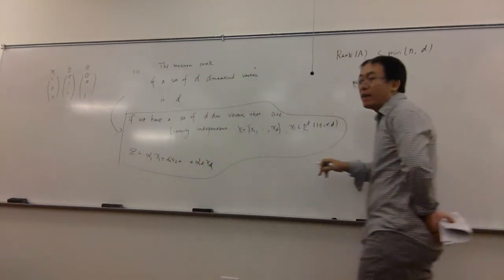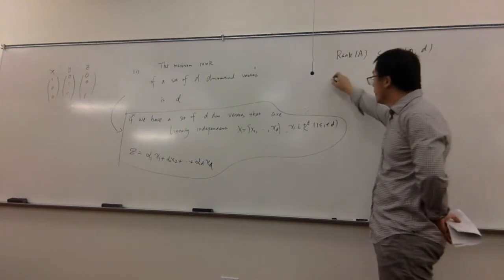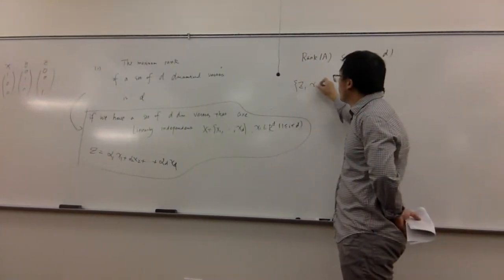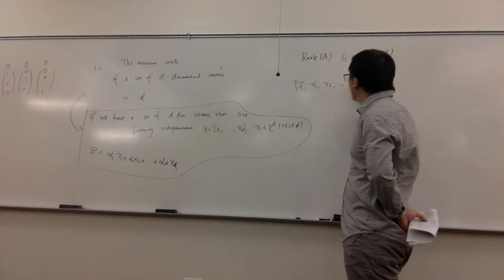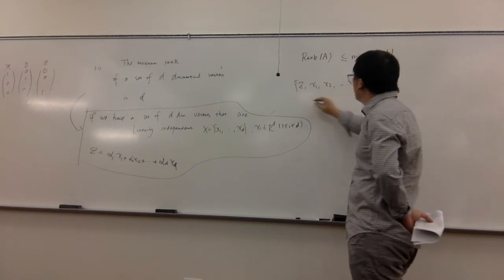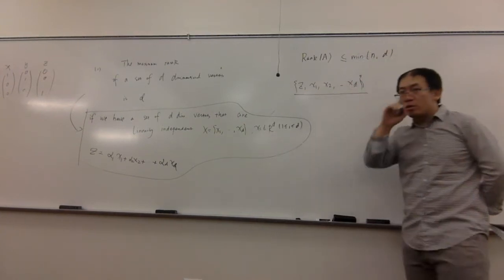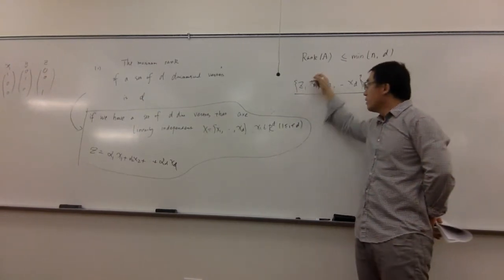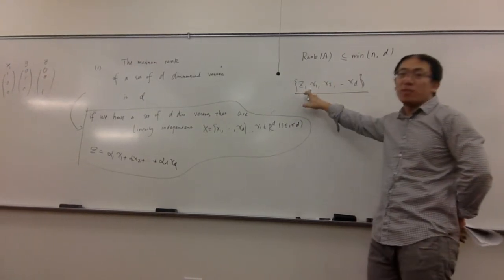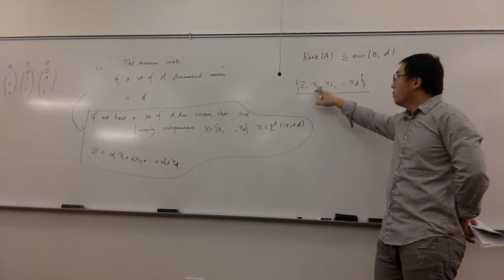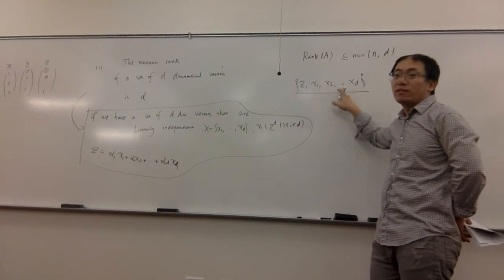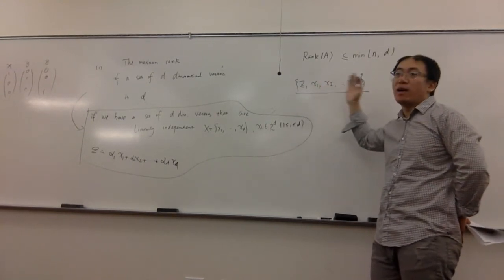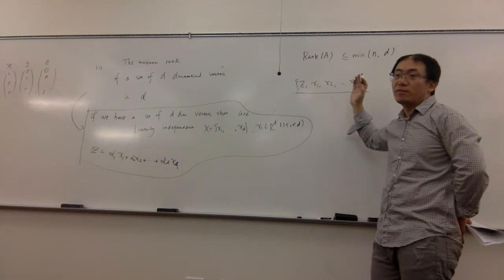Then we can construct a set of d plus 1 vectors: z, x1, x2 to xd. Now z cannot be expressed by a linear combination of x1 to xd, and similarly x1 cannot be expressed by all the other vectors.